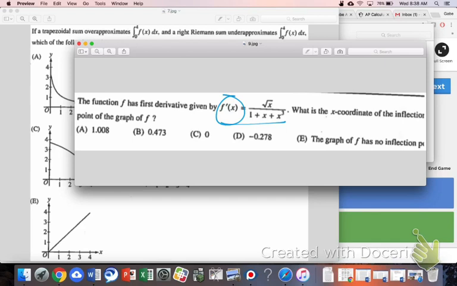Does that make sense? So we're basically looking for where the graph of f prime does either this or that. We'd be looking for this and either one of those sorts of things. Does that make sense? So what I would do with this is graph f prime.